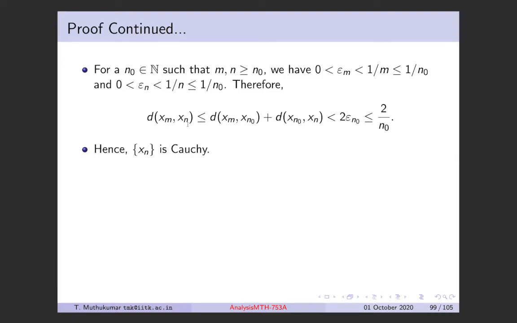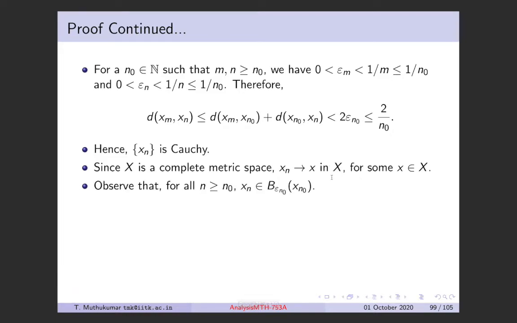So what we have shown here is that the sequence xm that we have obtained is actually a Cauchy sequence. But now we are in a complete metric space, so this Cauchy sequence should converge to some element, and that element is in X. And for the convergent sequence, with the same argument as we have given here, for all n bigger than or equal to n naught, xn belongs to the ball of radius epsilon n naught around x n naught.